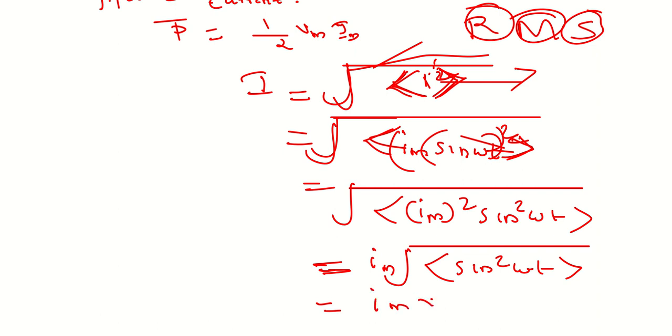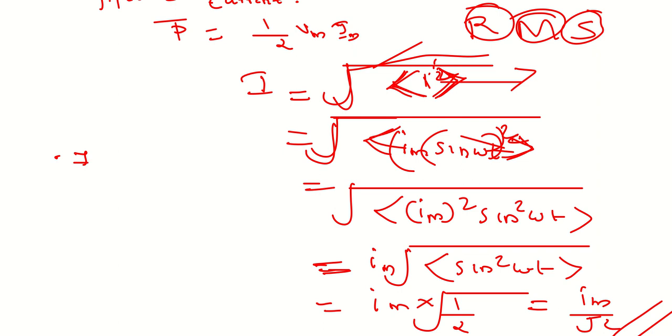So Im into the square root of half, so Im divided by root 2. 1 by root 2 is 0.707.